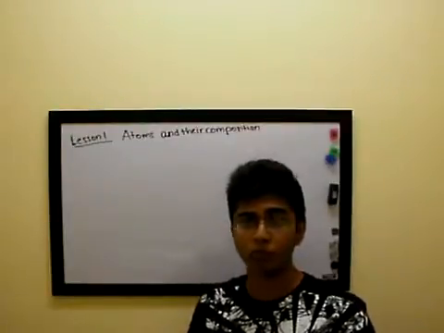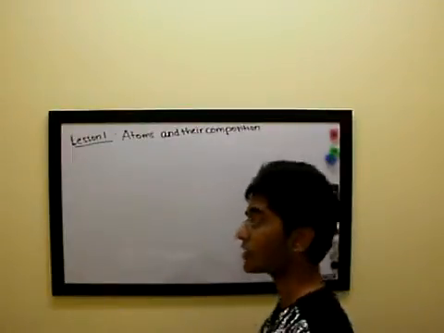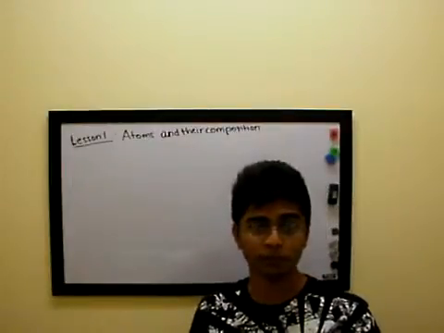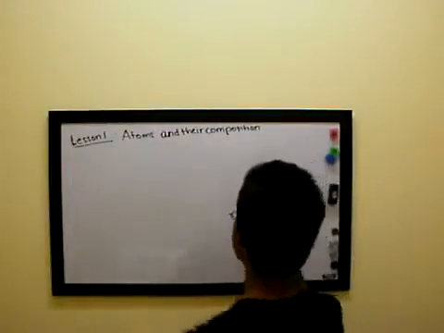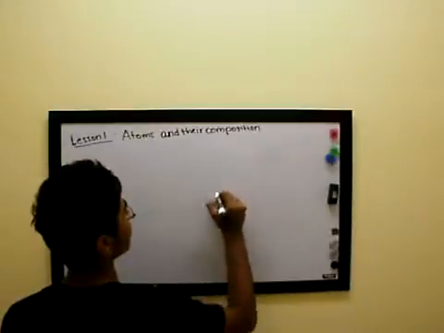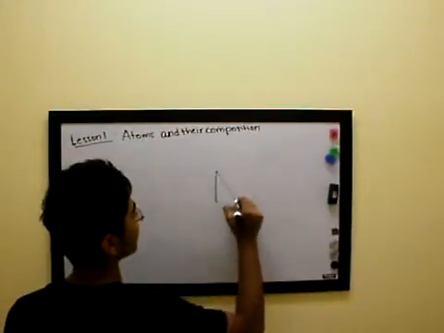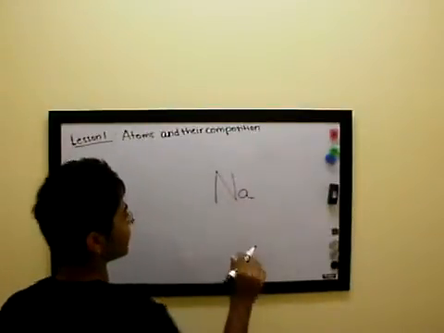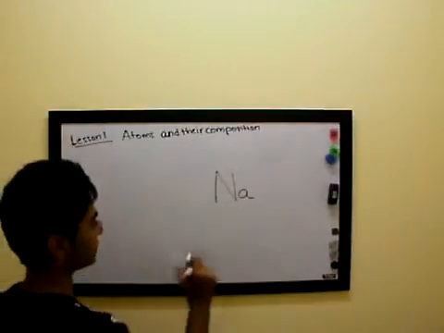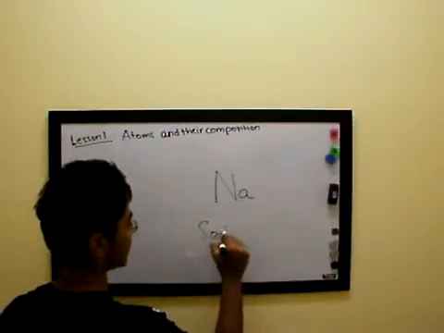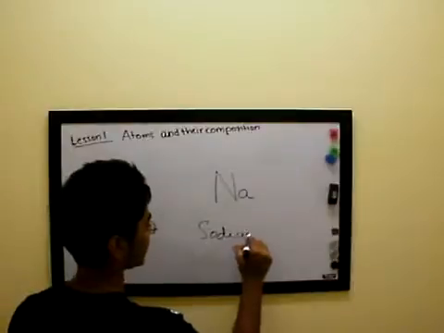Now, the way that you represent an element when you're writing it down is by its chemical symbol. For example, let's look at the element Na. That's sodium. That's the chemical name. So Na represents sodium.